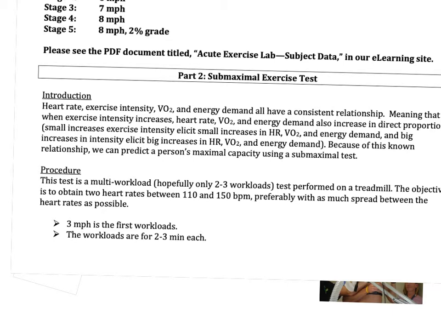And if we have a big increase in exercise intensity, that would elicit a big increase in heart rate, VO2, and energy demand. So because of this known relationship, we can predict a person's maximal capacity using a submaximal test.